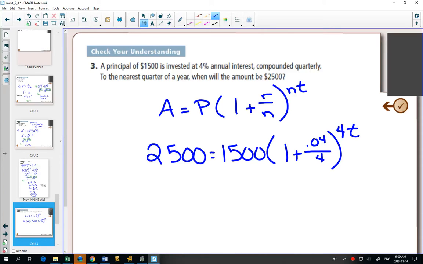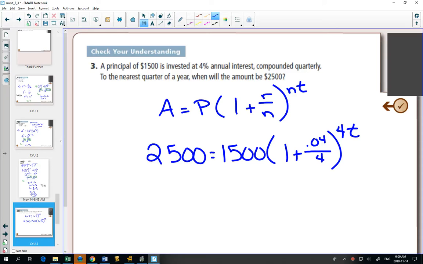No. So the numbers, when we get to a real life problem, tend to not work out nicely like the mental math problems that we do to start with. And right now we haven't learned logarithms yet, so we can't solve this algebraically. The only thing we can do right now is solve it with a graphing calculator.